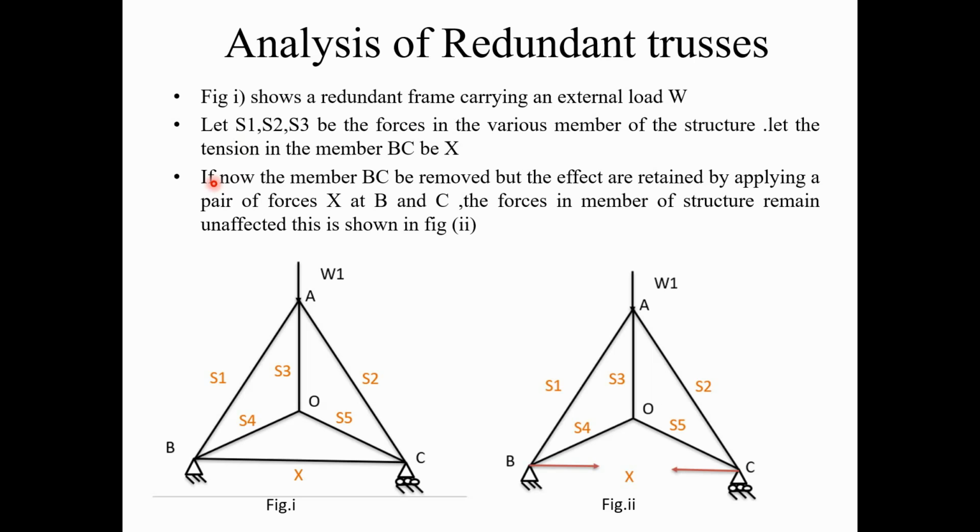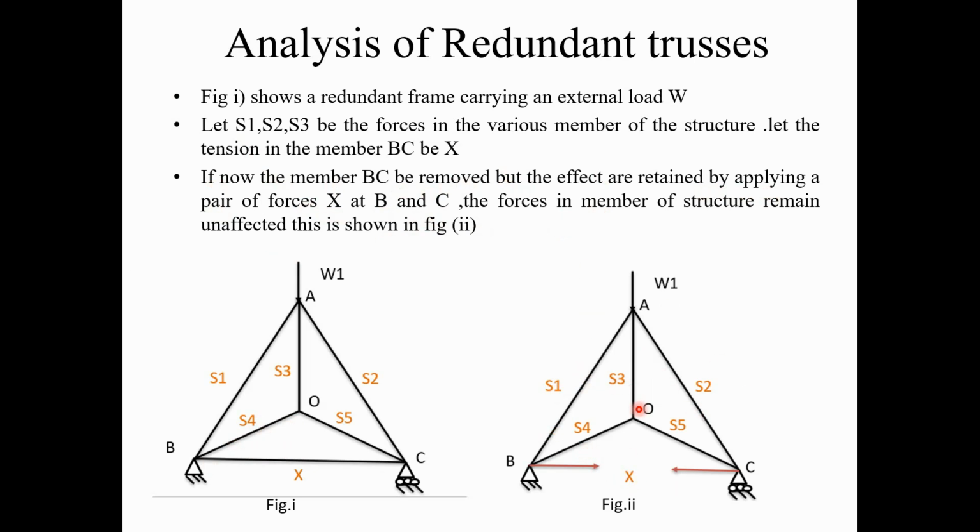Now if the member BC is removed, but its effect is retained by applying the pair of forces X at B and C, the forces in the members of the structure remain unaffected, which is shown in figure number 2. So we replace this BC member by the pair of forces X. Because of this replacement, there is no effect on the member forces.